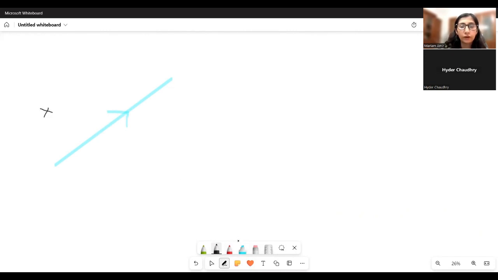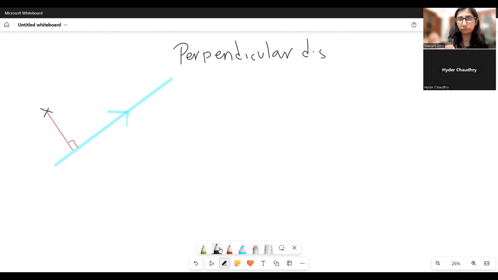We will learn to find the perpendicular distance between a point and a vector. So the last subtopic of vector equation is perpendicular distance between a point and a vector.